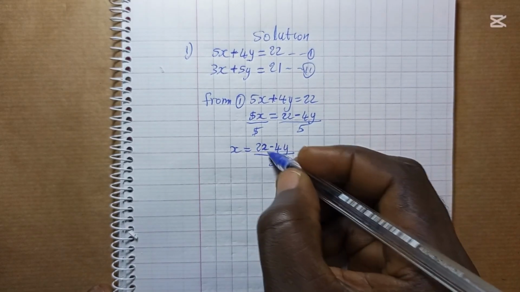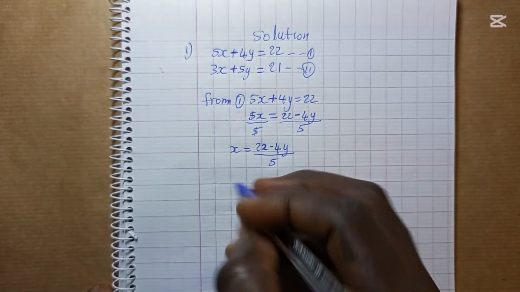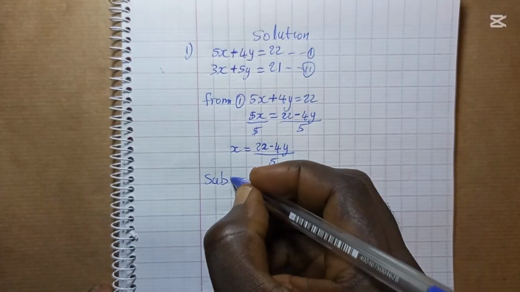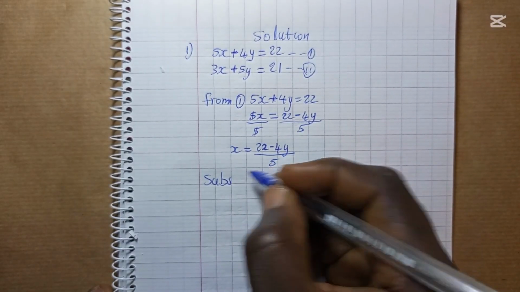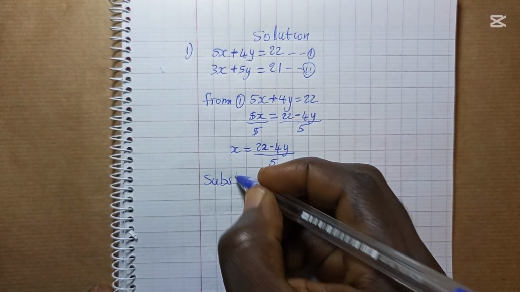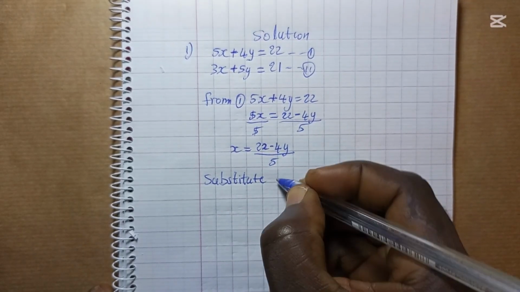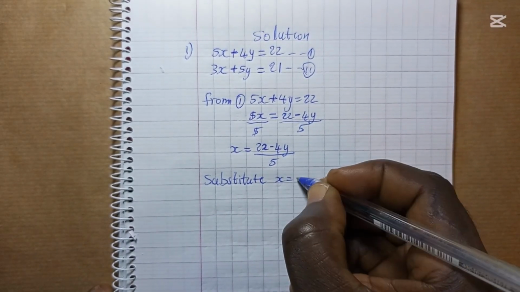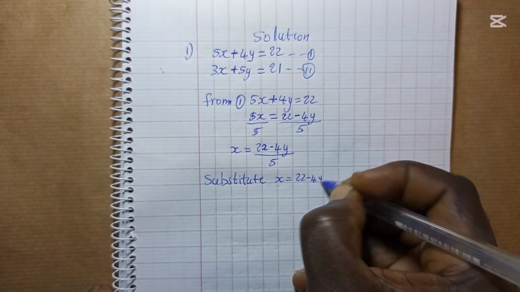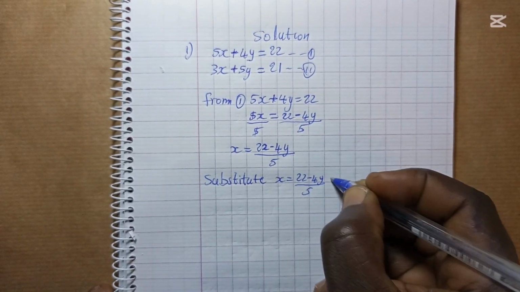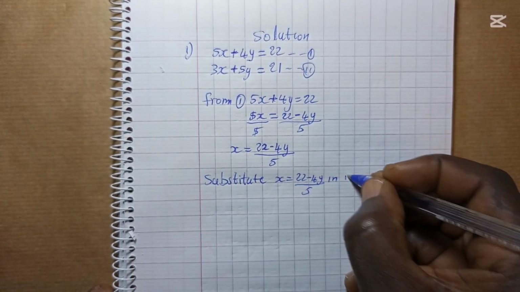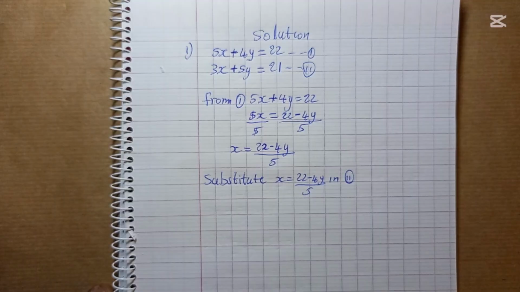Now we're going to substitute this value in equation 2. So substitute x is equal to 22 minus 4y over 5 in equation 2.